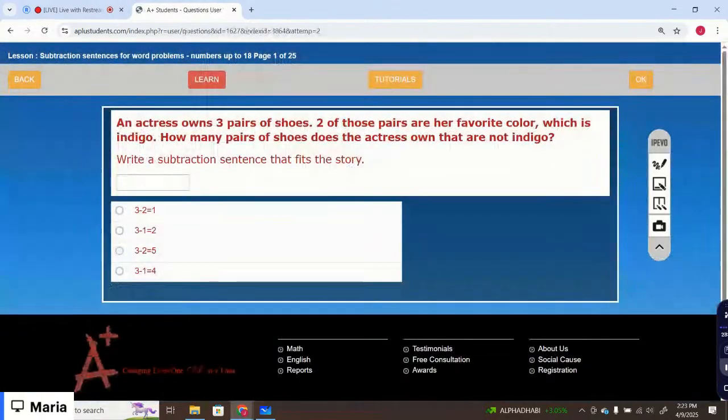An actress owns three pairs of shoes. Two of those pairs are her favorite color, which is indigo. How many pairs of shoes does the actress own that are not indigo? Write a subtraction sentence that fits the story.